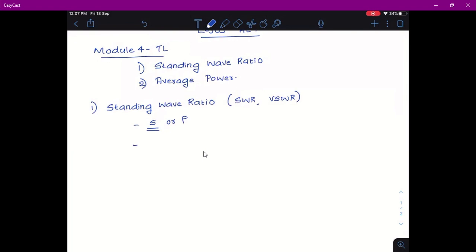The standing wave ratio S is defined as the magnitude of maximum voltage by minimum voltage, or is equal to the maximum current by minimum current in the transmission line, or you can say at any point.